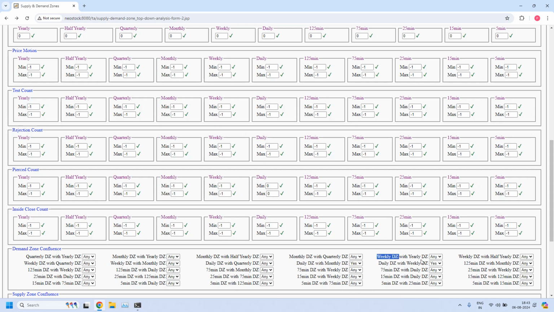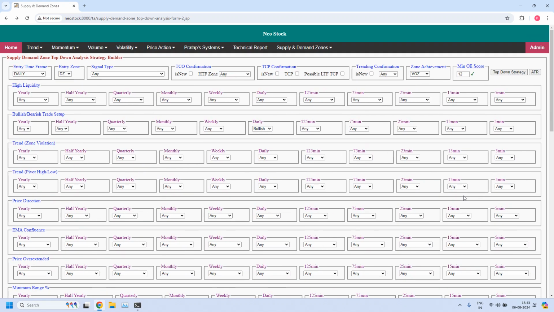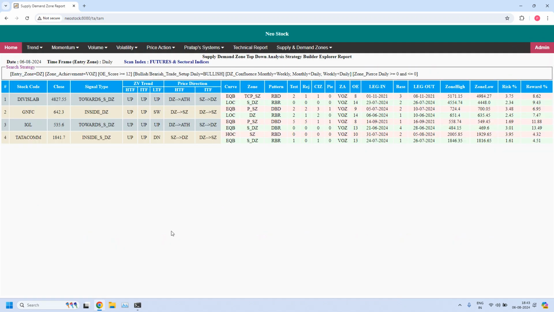And also weekly demand zone with monthly demand zone. Now all the filters we selected: daily with monthly, daily with weekly. With these three filters, now 4 stocks are filtered. Now all these 4 stocks are bullish trade setup and also have daily, weekly and monthly confluence.